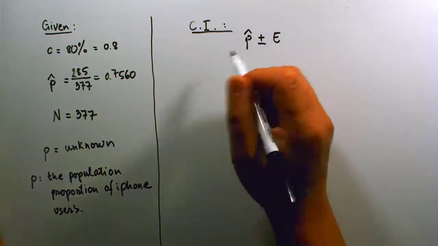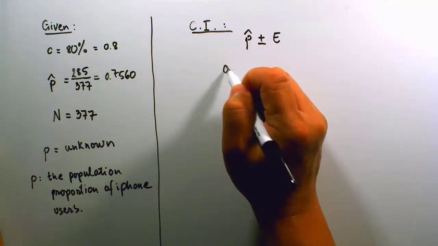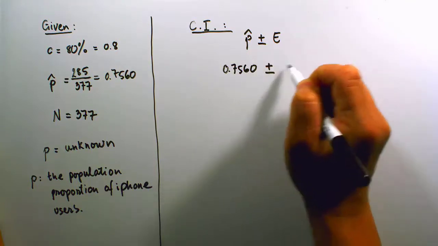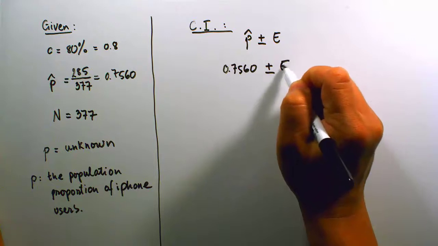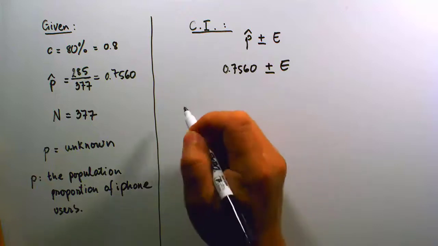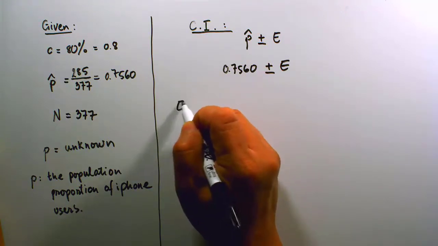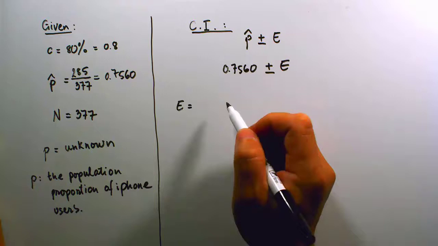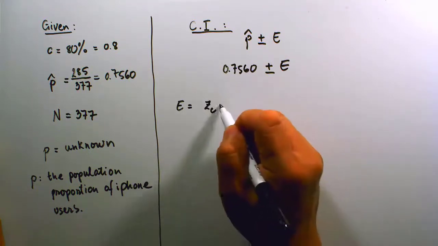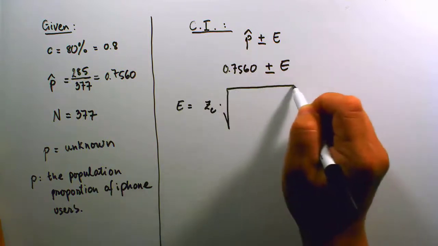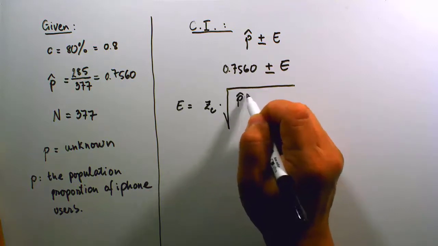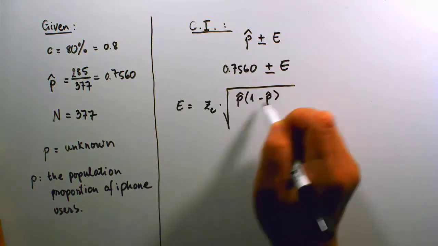And so sample proportion, we already had the value being 0.7560 and need to be up and down by a margin of error. And so now margin of error, according to the formula, we are going to multiply the value of z sub c to a square root expression, which has p hat times 1 minus p hat divided by the sample size.